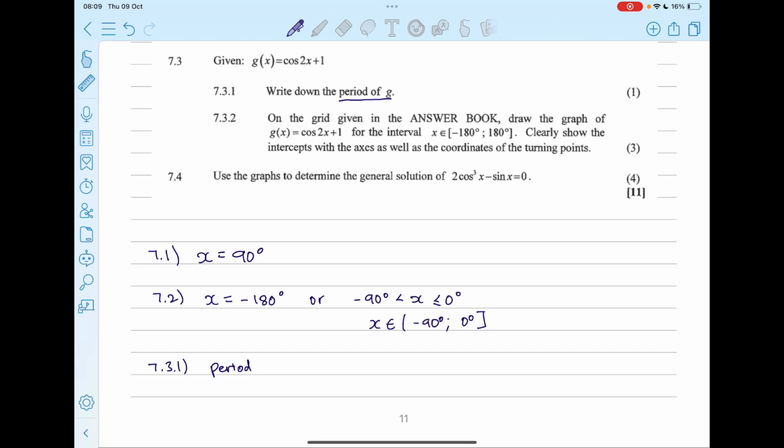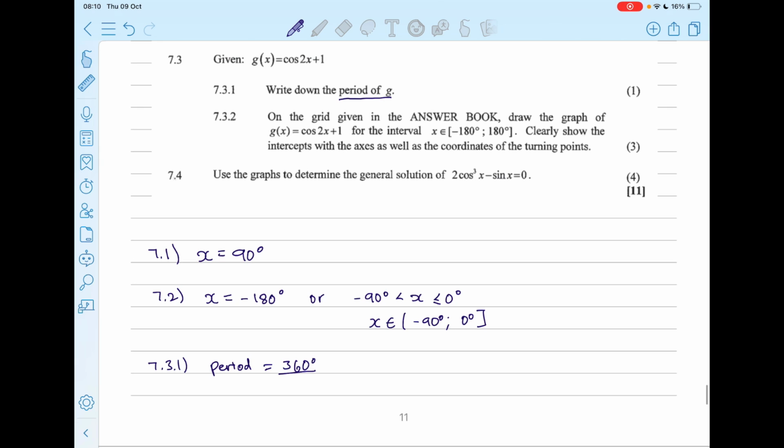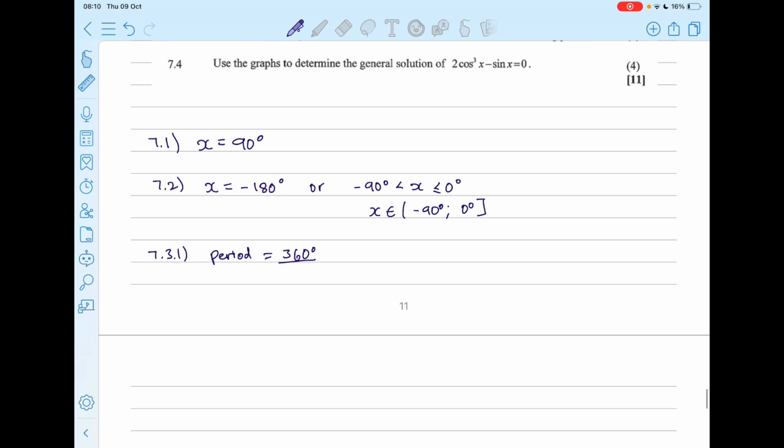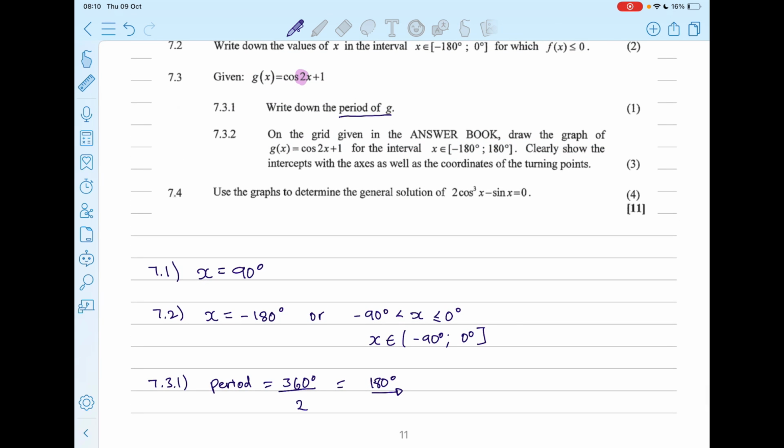The standard cos graph has a period of 360. So what we do is we divide 360 by the coefficient of our angles, and for us that's 2. So we divide by 2, which gives us 180 degrees as the period of that new cos graph.